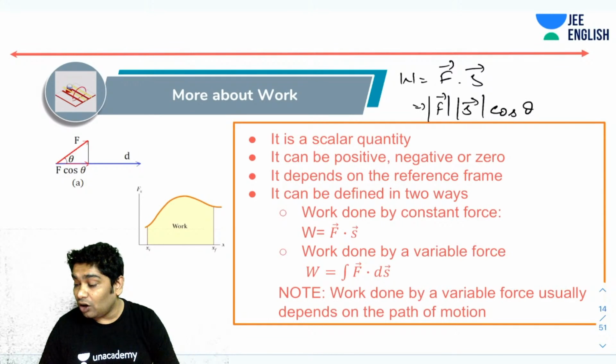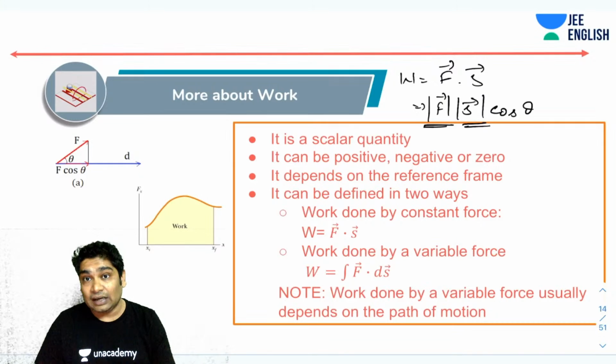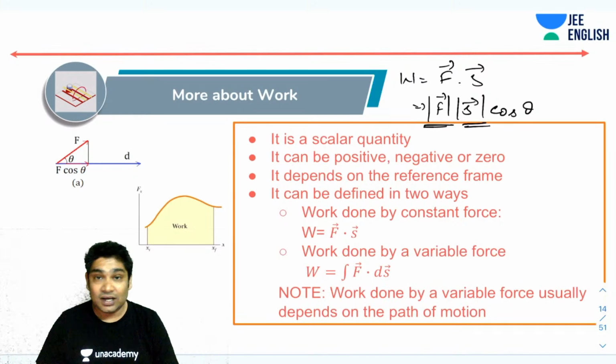Now, the magnitude of force is always positive. The magnitude of displacement will also always be positive. Now, for cos theta, the angle between two vectors ranges from 0 to 180. So in this range, cos theta can vary from +1 to -1. So depending on the sign of cos theta, the work that is done on any object can be positive, negative, or zero.